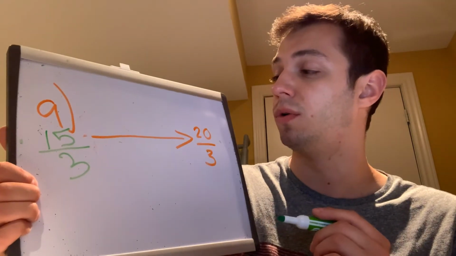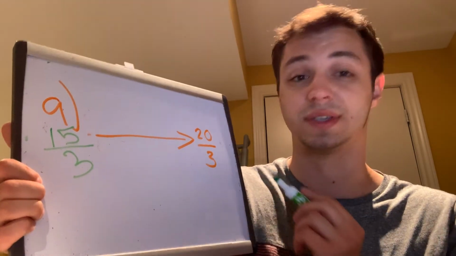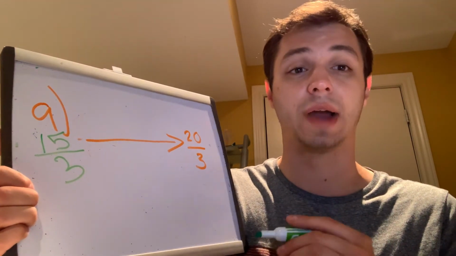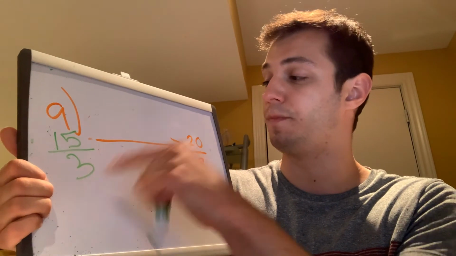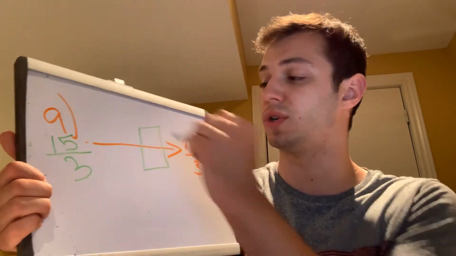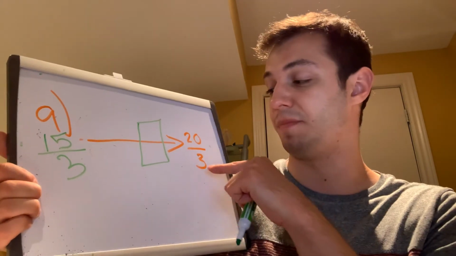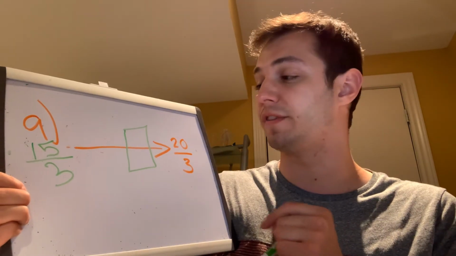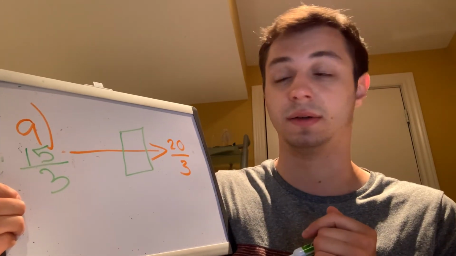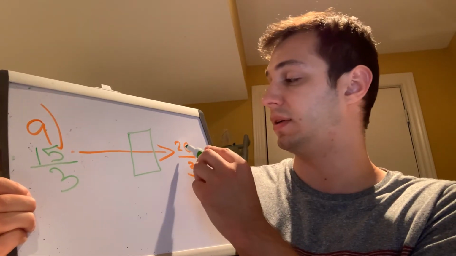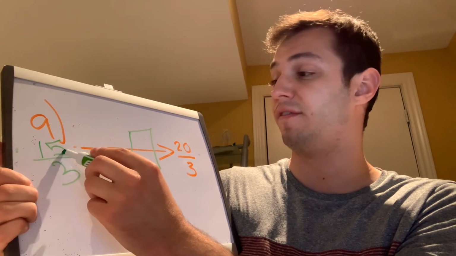So now both of our bottom numbers are the same. So that means that we can either add or subtract these fractions. This is my small number. I'm missing my other small number, and I have my big number. So in order to find out my small number, I have to subtract. So I'm going to subtract 20 and 15, right?